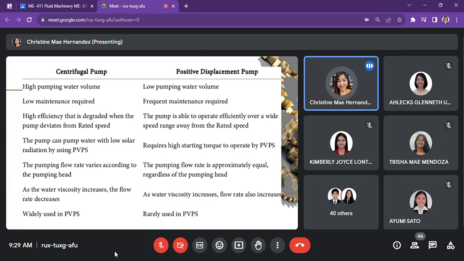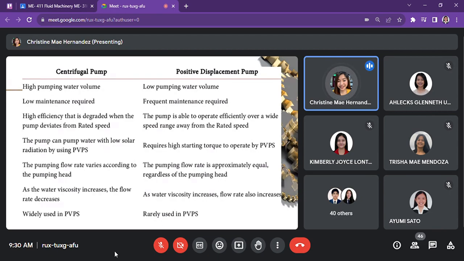High pumping water volume, while positive displacement has low pumping water volume. The centrifugal pump requires low maintenance, meaning low cost, we spend little money on its maintenance. While for positive displacement, we need quite a lot of money and the maintenance cost is high.